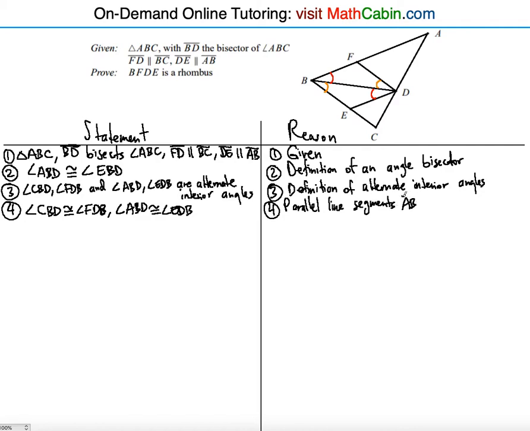So AB and ED. This is a pair, that's why I'm using a comma here. And another set is BC and ED, right?